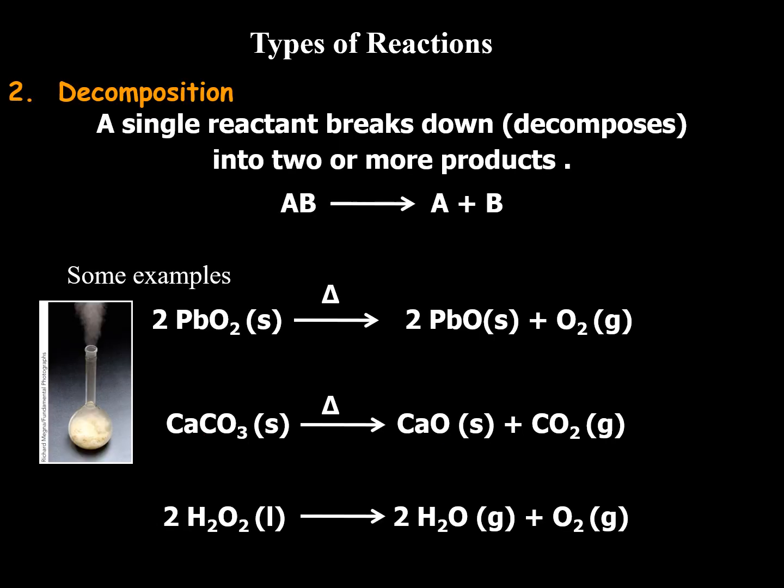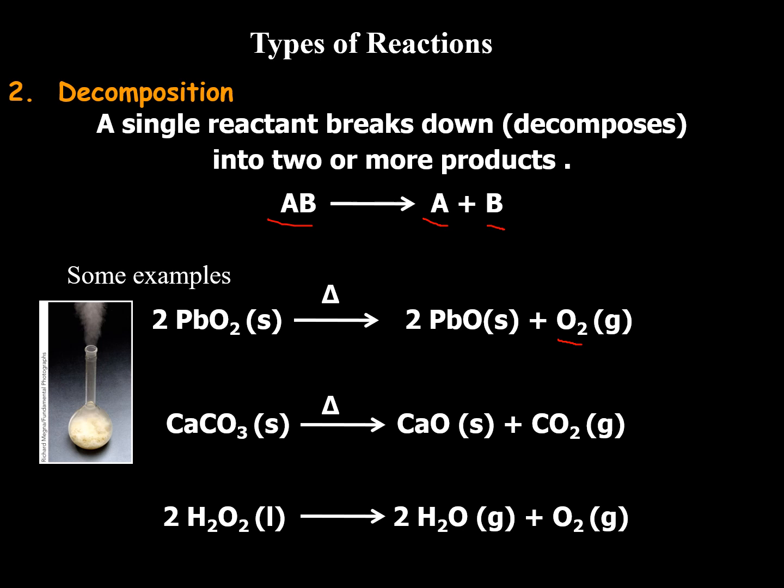Here we have a decomposition where we have AB breaking down into more simple products. Here are some examples. Lead 4 oxide gives us lead 2 oxide plus O2 gas.